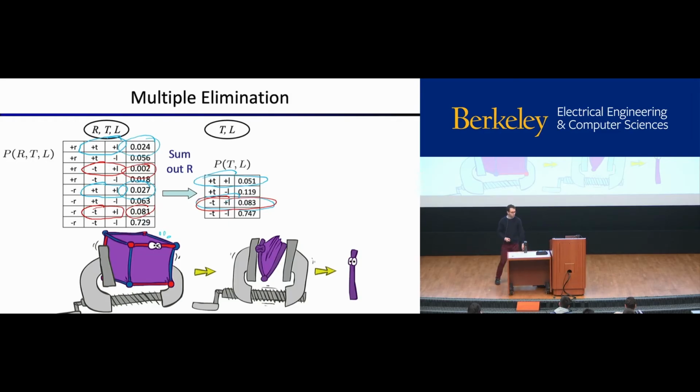And we said we're trying to do multiple eliminations, so let's sum out something else. Let's sum out T. So now we should get a distribution over L. It should have 2 entries. All the ones where L is positive, those are the 2 that I circled, those will sum to 0.134, and the other ones will sum to 0.886. Making sense? We're just doing the same step twice, right?